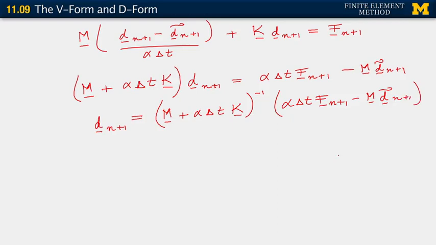Okay. For this sort of method, if we use a lumped mass here, what is seen is that we require less effort to set up the right-hand side. Okay? All right, if we use the lumped mass here, there are fewer operations.